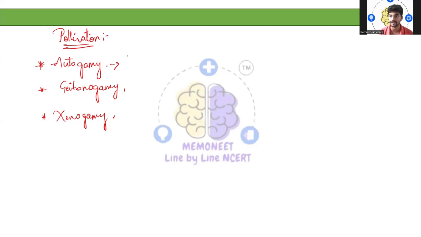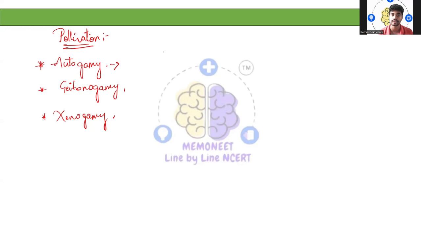In these types of plants, the anther and stigma are placed close to each other, and the flower might be closed during pollination. So pollen grains can be transferred from anther to stigma within the flower of the same plant.